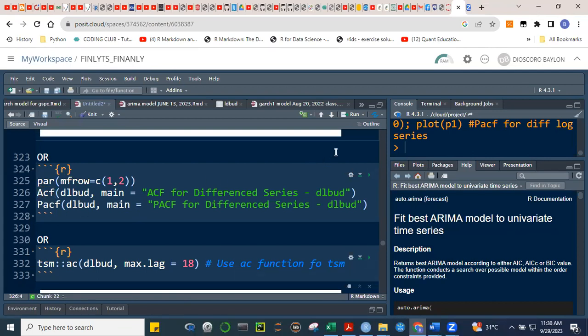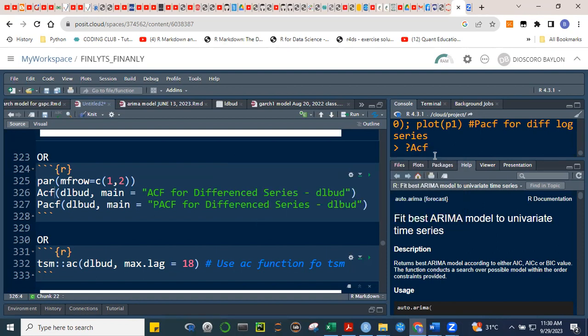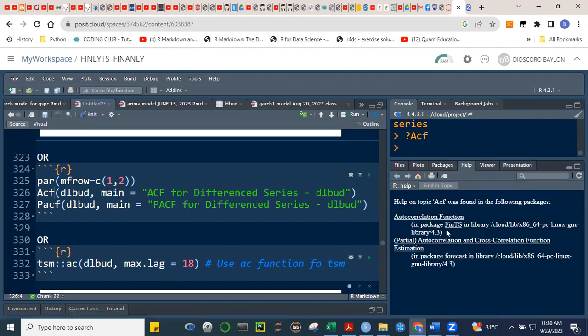Okay? So if you want to check saan galing function yan, di ba? Question mark dito sa natin. Okay? ACF, this one. Oops, control enter. And sa help natin, it will tell us saan galing siya. ACF, this is coming from FinTS, Financial Time Series package.